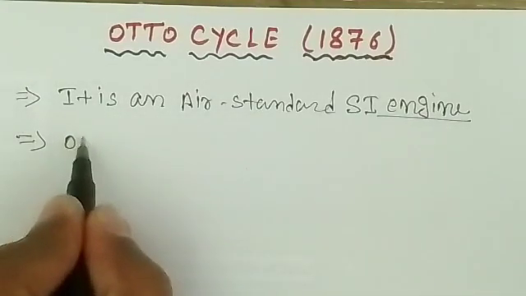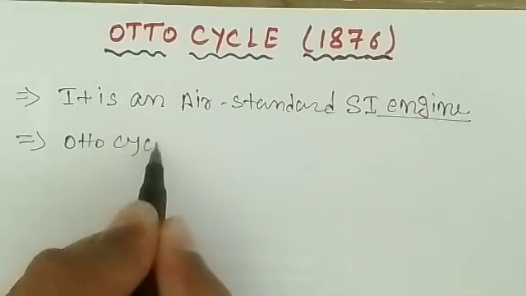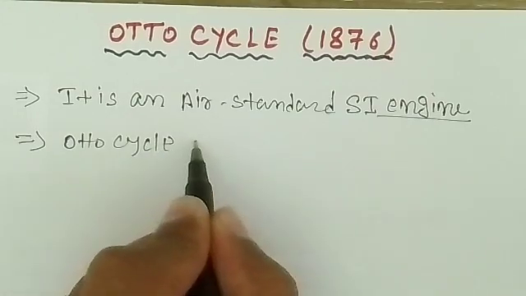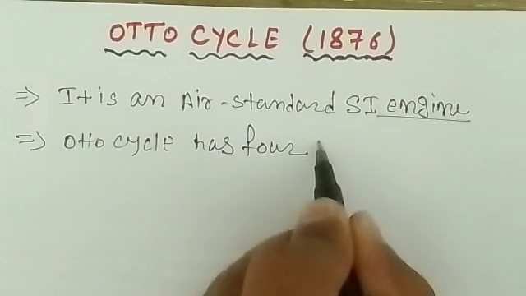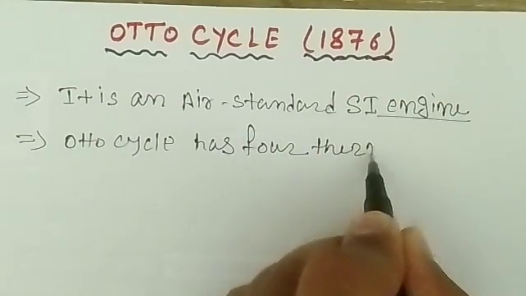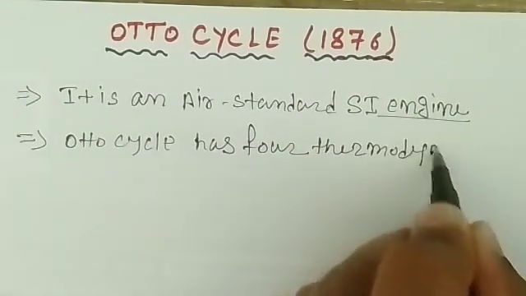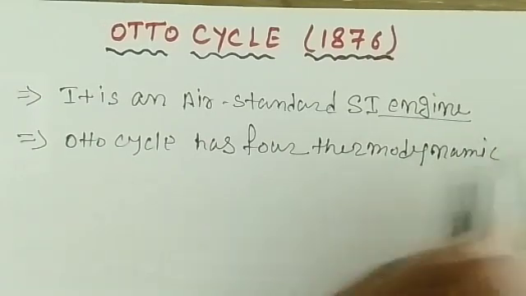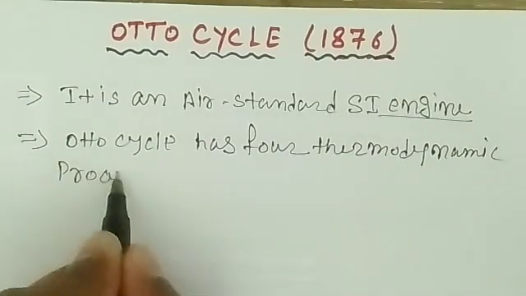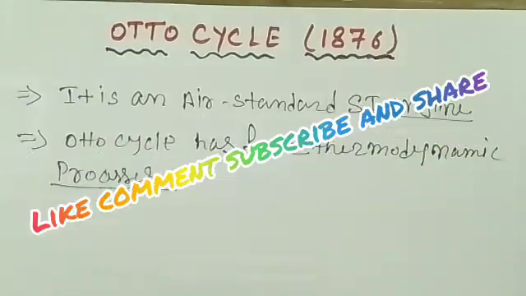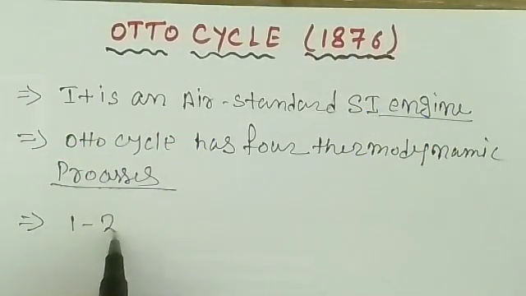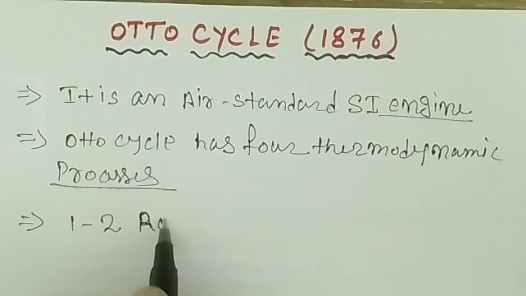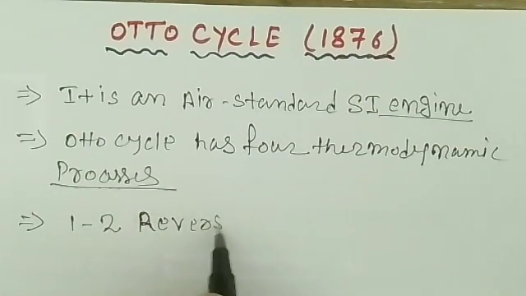The Otto cycle has four thermodynamic processes. What are the four thermodynamic processes? First, 1 to 2 is reversible adiabatic compression.